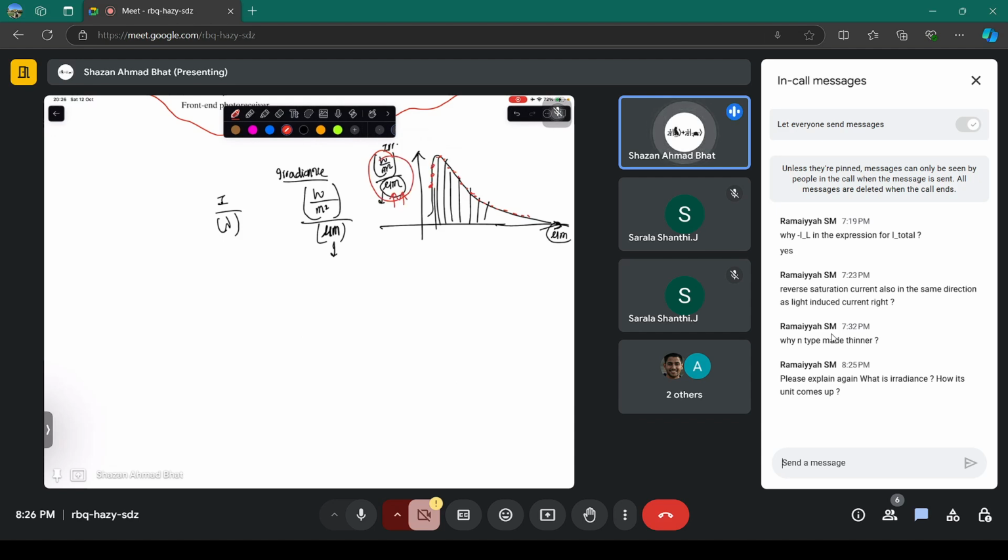Don't get confused that this micrometer is the space dimension. It's the wavelength of the particular light. You normalize the overall intensity with respect to the wavelength, and the unit comes up to be something like this.